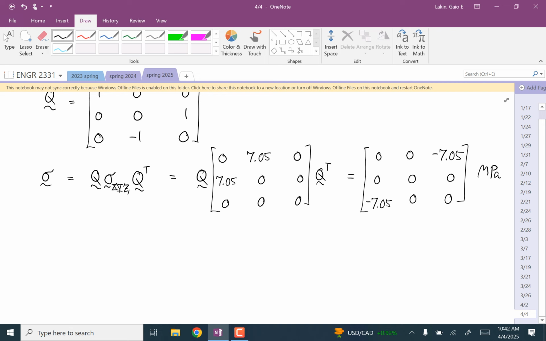If I had just taken Q times that matrix and hit enter, I would get 0, 7.05, 0, 0, 0, negative 7.05. It's not a symmetric matrix. Okay.